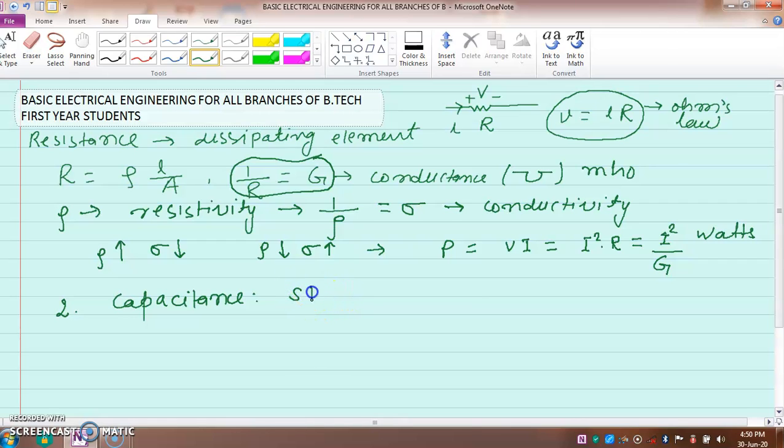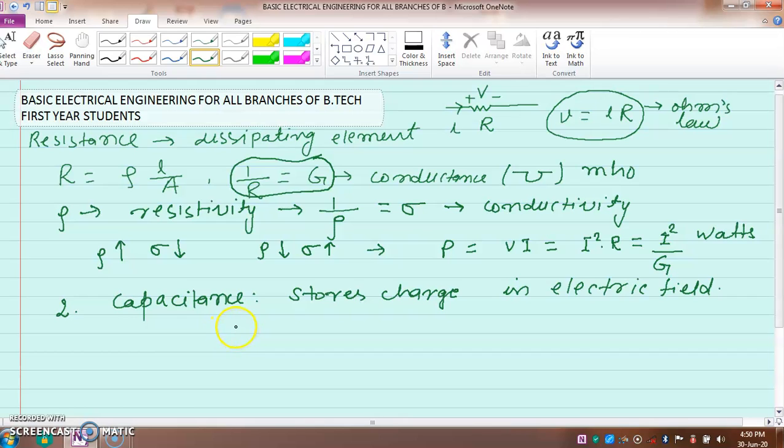What does it do? It stores charge. Where does it store charge? In the electric field. It stores charge in the electric field.